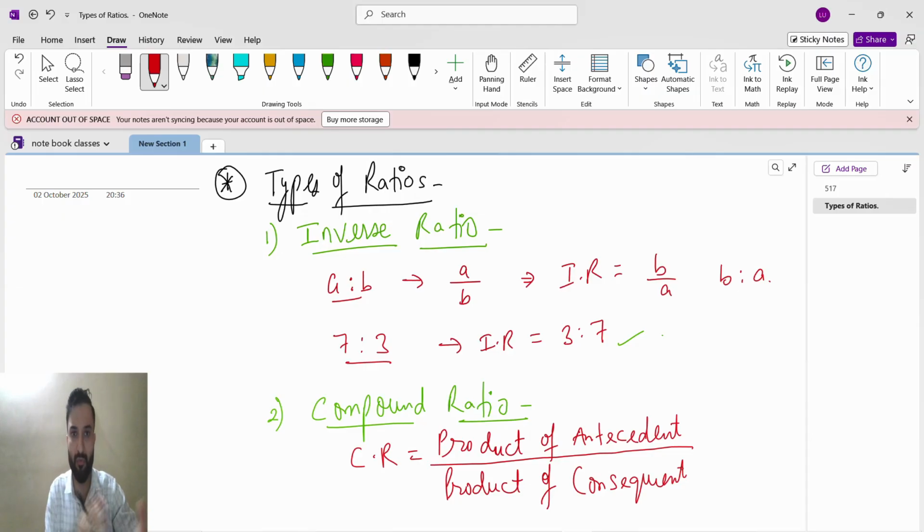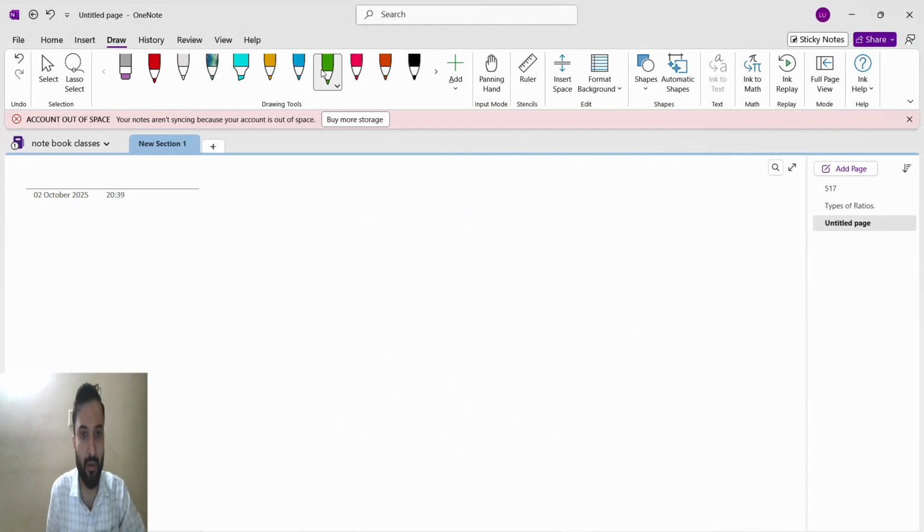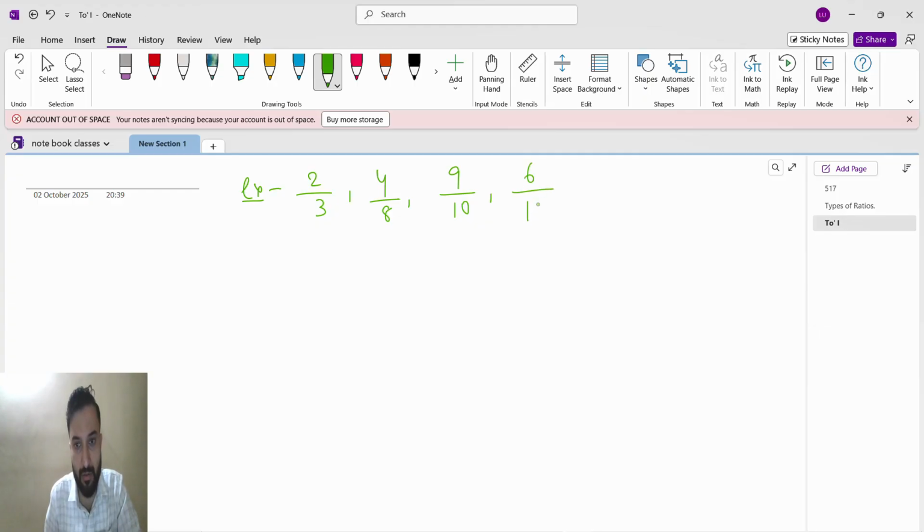So the compound ratio is the product of antecedents divided by the product of consequents. You have to be careful here. Now let's see an example. Suppose we get the ratios 2 by 3, 4 by 8, 9 by 10, 6 by 16, then 8 by 9.